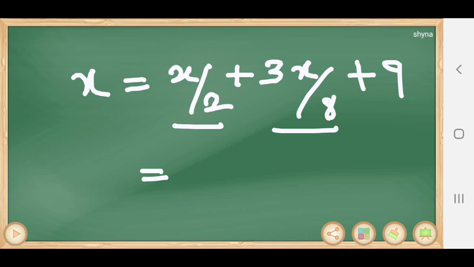Here, to make x by 2 into 8, multiply by 4.